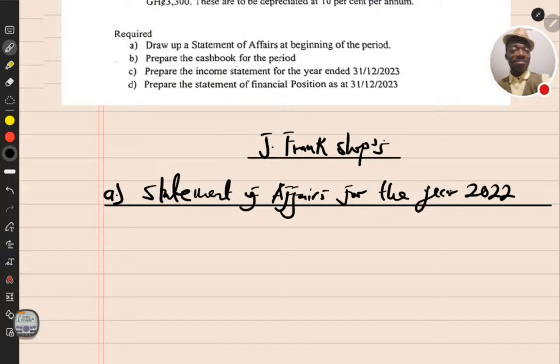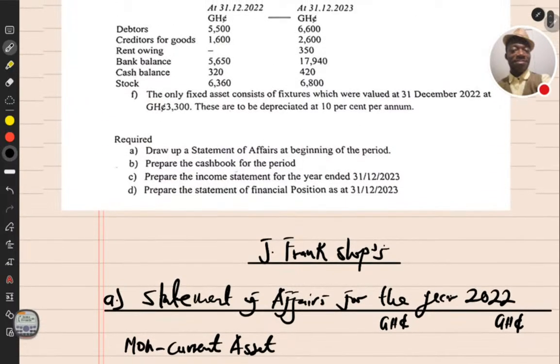First, we need to have our currency down. It's in Ghana cedis. So we start with non-current assets. For non-current assets, we have been told that as at 31st December 2022, there was a value of fixtures which was valued at 3,300.